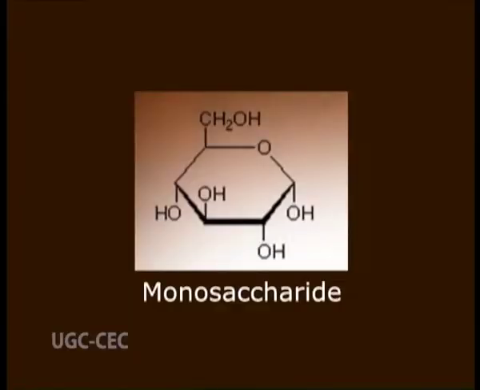Monosaccharides pass from the lumen through the apical membrane via facilitated diffusion or active transport. Fructose is transported via facilitated diffusion, whereas glucose and galactose are transported into absorptive cells of the villi via secondary active transport.